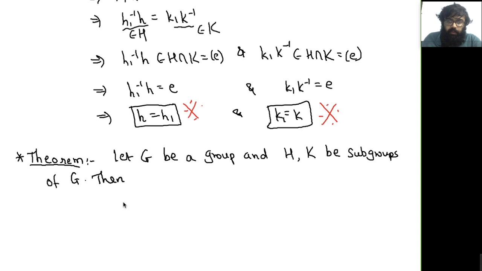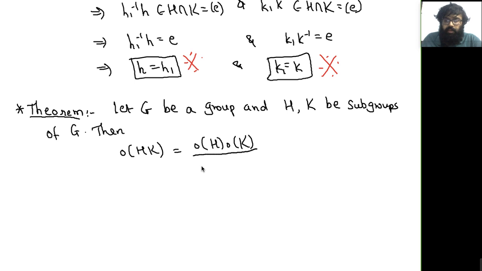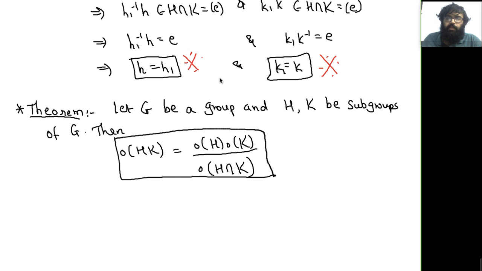Then order of HK. How many elements are there in HK? Of course, we have to make a list, order of H times order of K, but then there will be repetitions. Order of H intersection K. So this is one of the most important results that comes in handy in problem solving also.